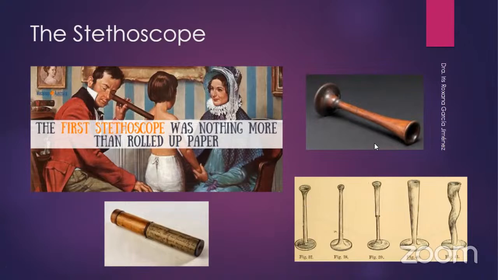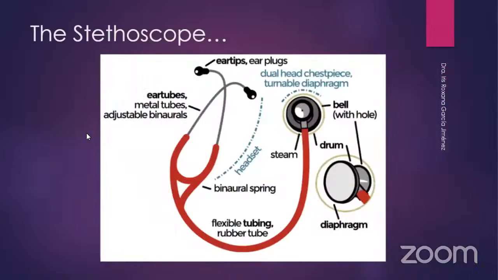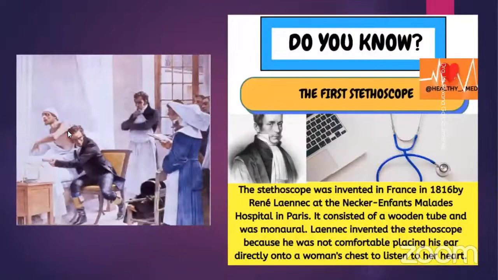You can see lots of shapes. This is the Pinard stethoscope for here in the tummy. And that's the way he was working at the beginning, placing the ear on the patient's chest. When he figured out how to develop his device, he called it a stethoscope.